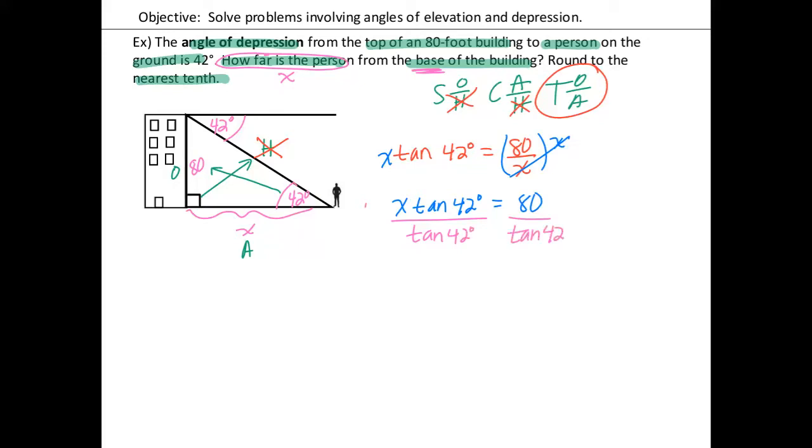Tangent 42 degrees on both sides. So then the tangents cancel, and we're going to be left with just x, which is going to equal, and then just grab your calculator.